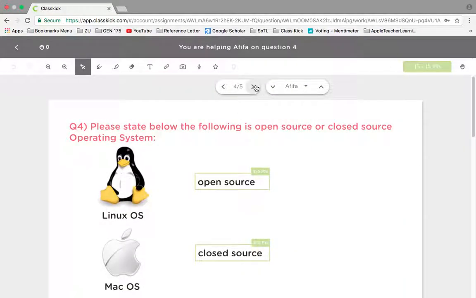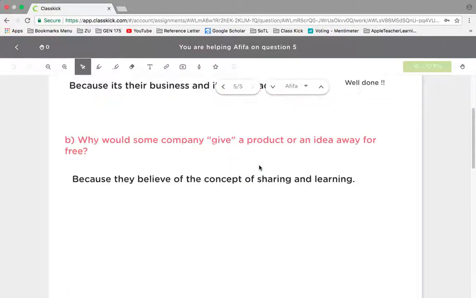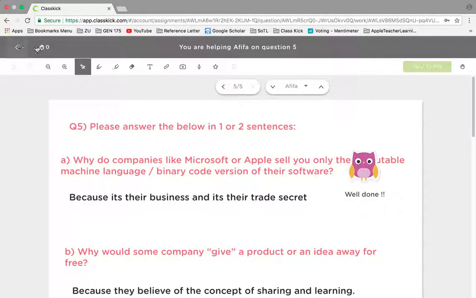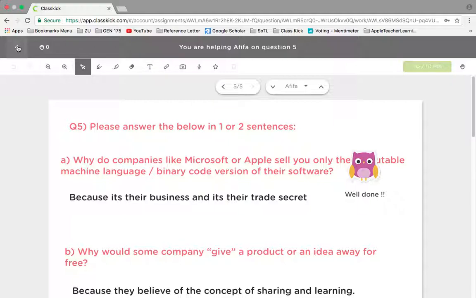Then the multiple choice, critical thinking question, and the one-line answers. You also have a help option here wherein your students can ask you for help or ask their peers for help, and you also have a chat here. So I think this application was quite cool.